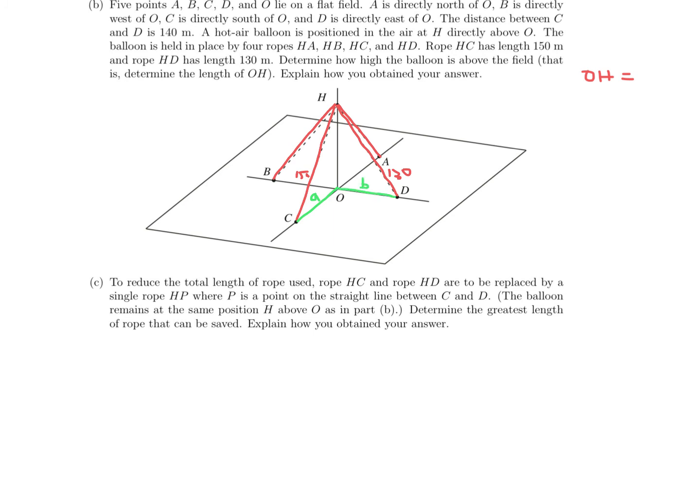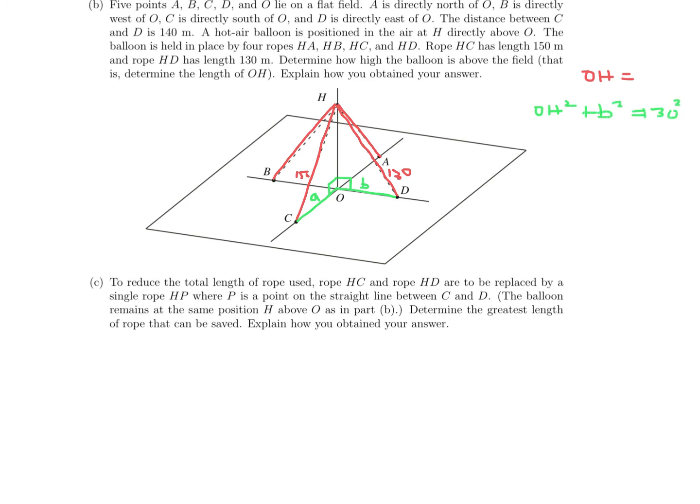Then we'll have two Pythagorean relationships. Since that is a right angle and that is a right angle, we have OH squared plus B squared is equal to 130 squared.